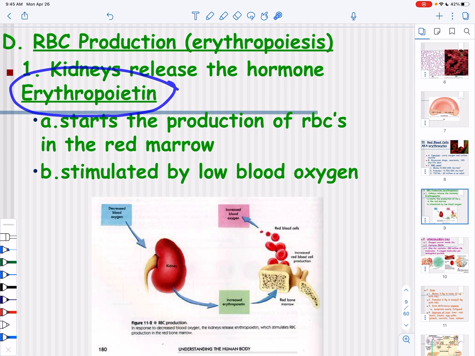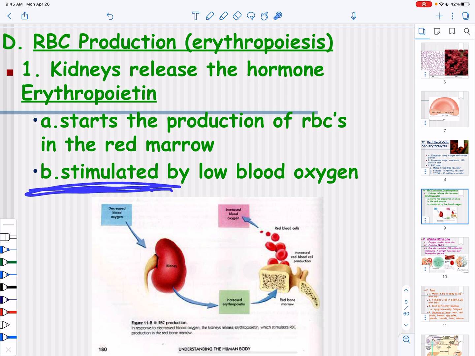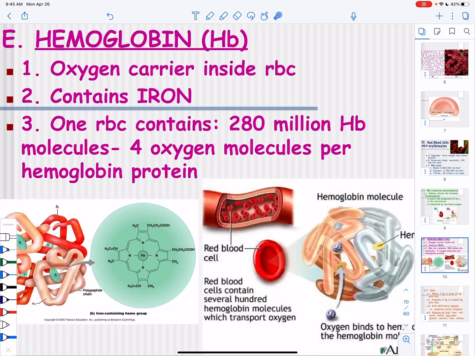That hormone is called erythropoietin. The kidneys release it. It travels to the red marrow and stimulates those stem cells to create more red blood cells. Okay, super important.